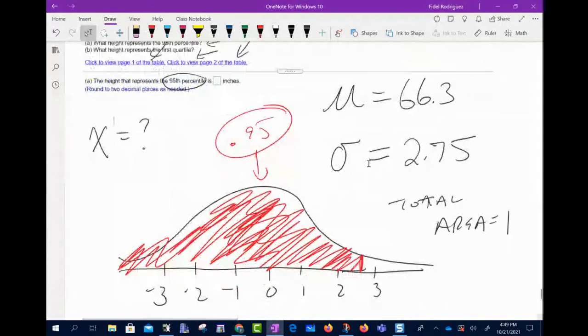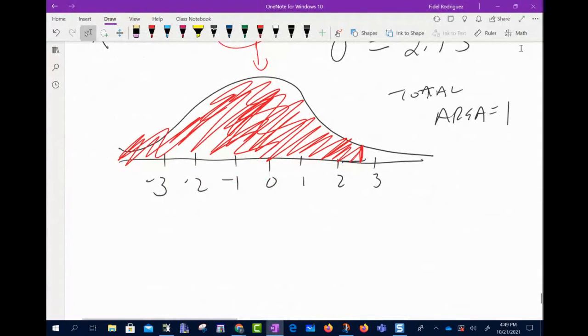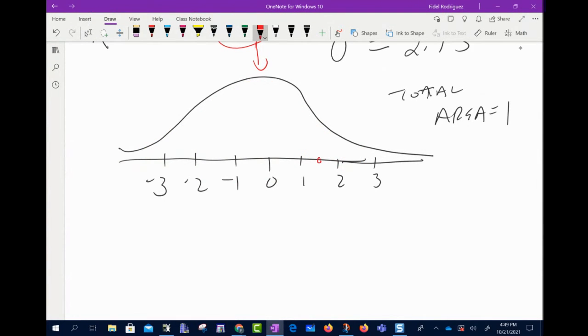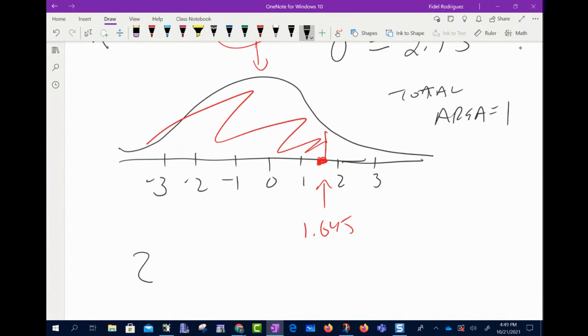So using the table, the number that I came up with was 1.645. Somewhere right about here. Okay, so the number we have, 1.645. The way we had our z-score, it looks something like this over sigma.